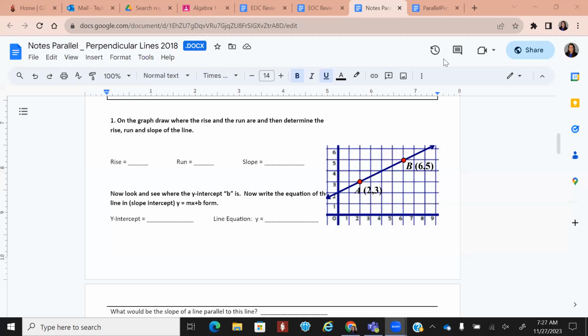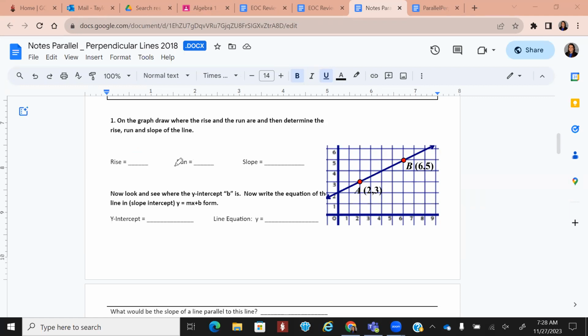If you don't remember what slope is or how to find it, we're going to do a little recap. On the graph, draw where the rise and the run are, and then determine the rise, the run, and the slope of the line. So on here, we have this point to this point. How much did we go up by? 2. So we have a rise of 2.